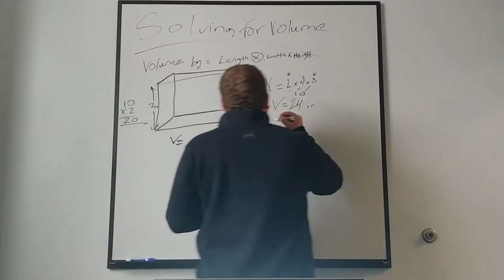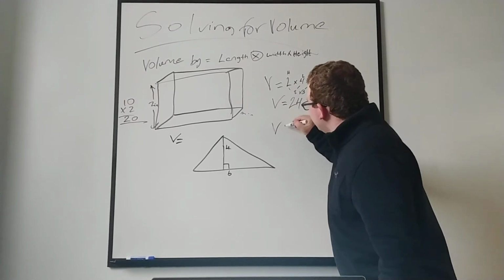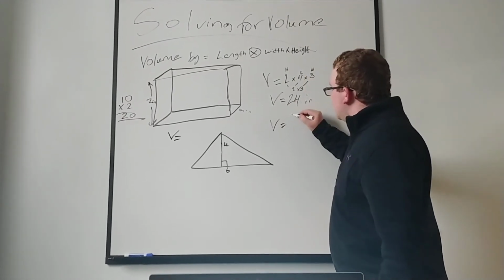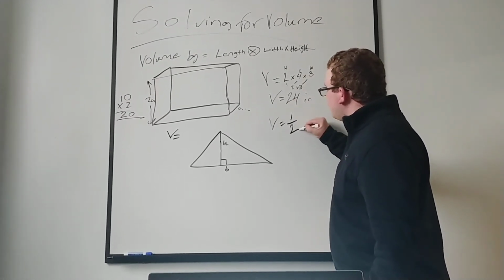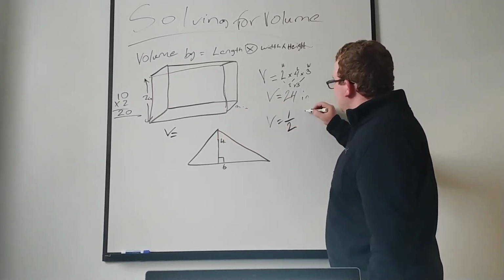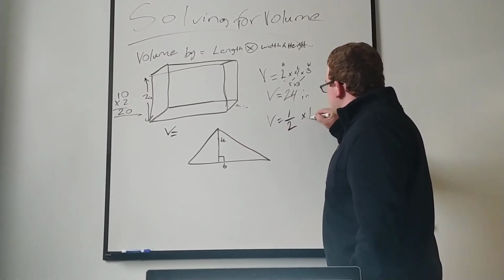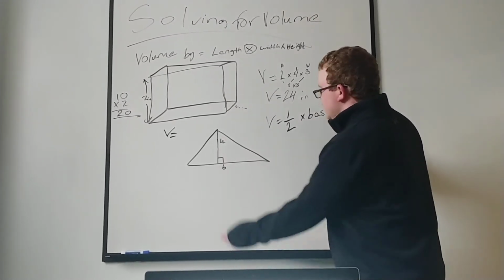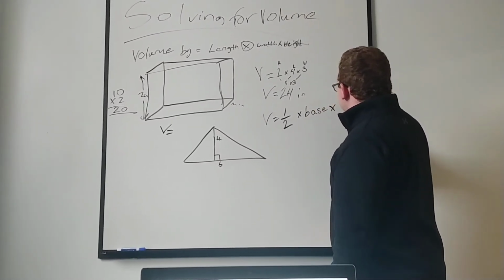Now to solve for a triangle, we would do volume equals 1/2, because we're breaking it in half, times the base, which is on the bottom, times the height.